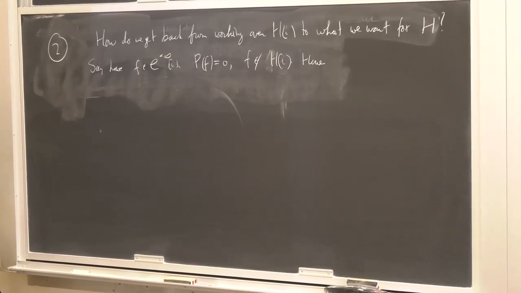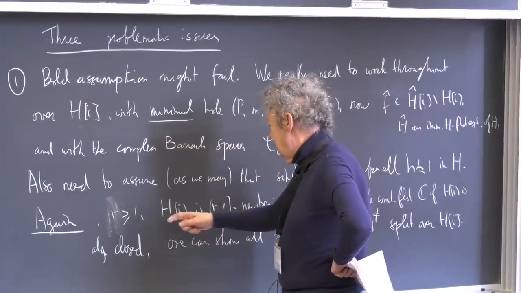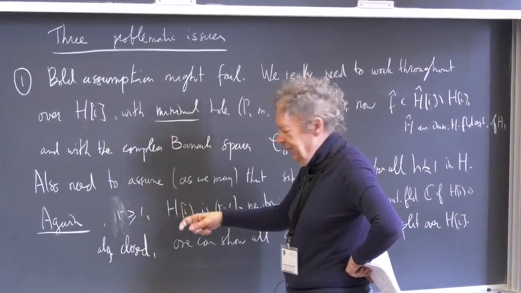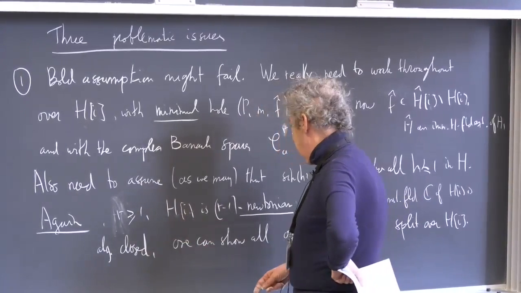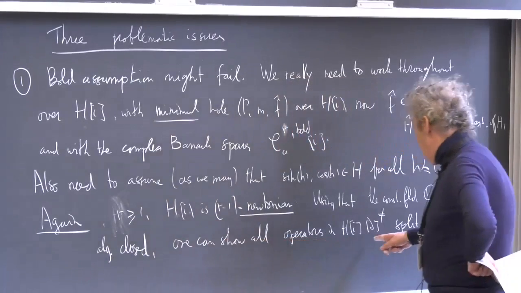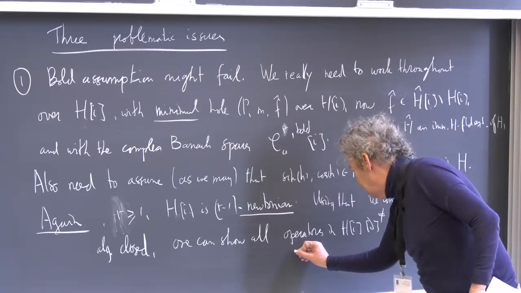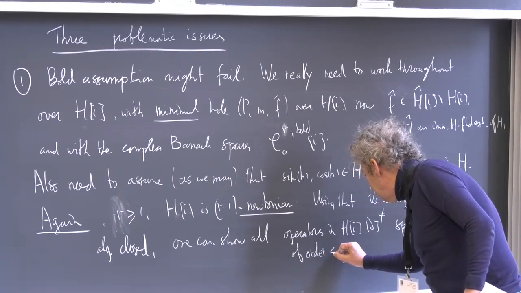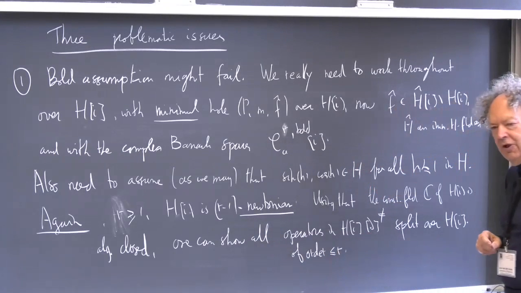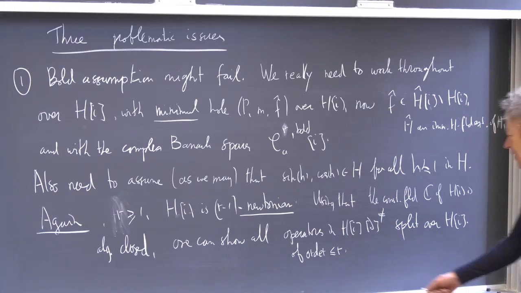Well, it's just a general fact that if you have an R minus 1 Newtonian algebraic closure of an H field, if you want, then all operators of orders less than or equal to R split.